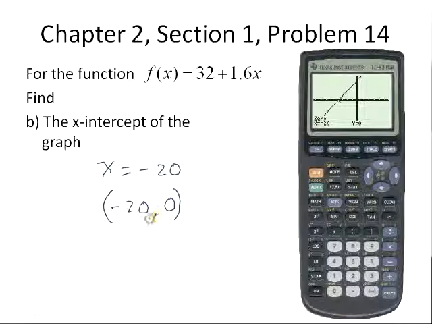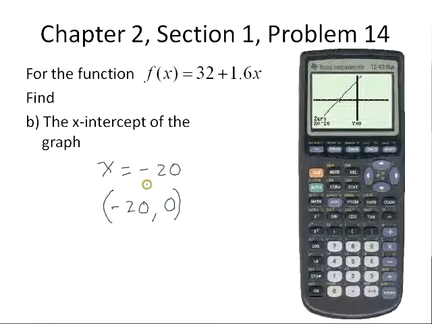In many textbooks, this is the format they want for the x-intercept. But our textbook just asks for the x-coordinate of the x-intercept, and that's going to be -20. If you're working inside of Course Compass, the answer for this would be -20.